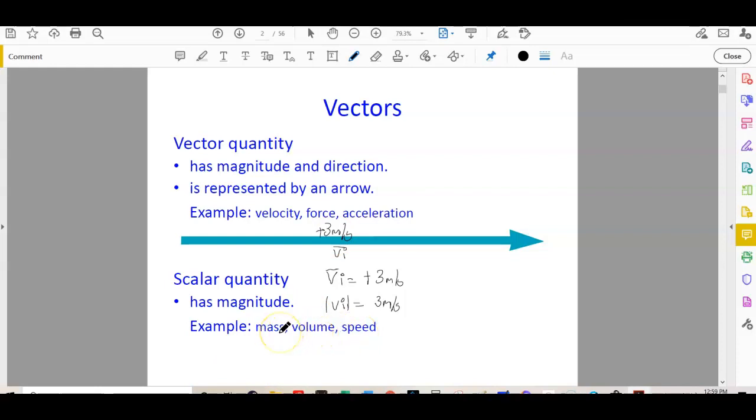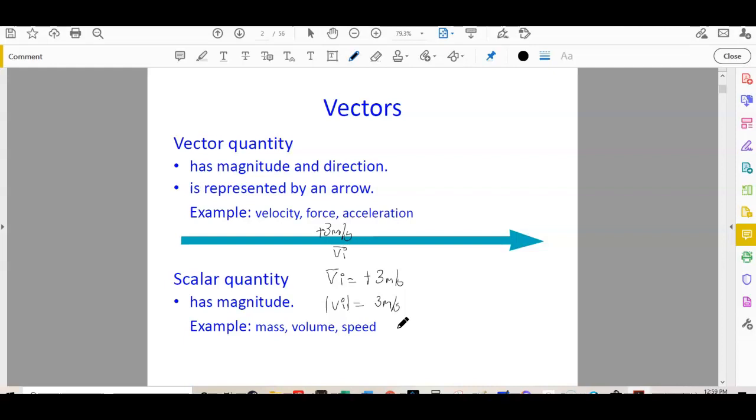They're almost like descriptive statistics. However, things that do have direction, vectors, are velocity, force, acceleration. We're going to get into momentum and also impulse. Also, back to scalars: mass, volume, speed, and energy are scalar quantities. So they have no direction.